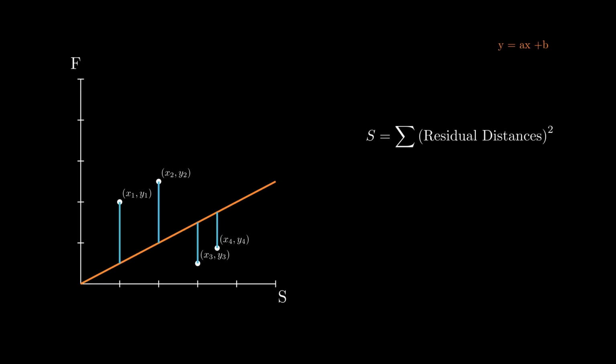So let us redefine the meaning of residual distances from a more mathematical manner in our system. It is just the difference of the y value of the line at a point in the dataset and the y value of the dataset at the same point. The difference could be the other way around, but since we're squaring it, it doesn't make a difference. No rocket science there.